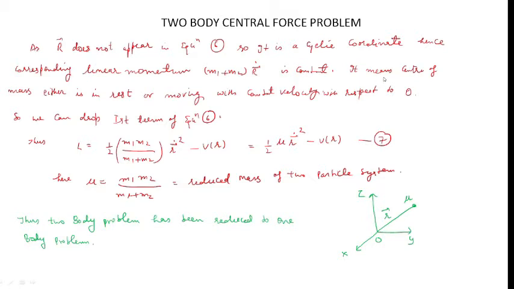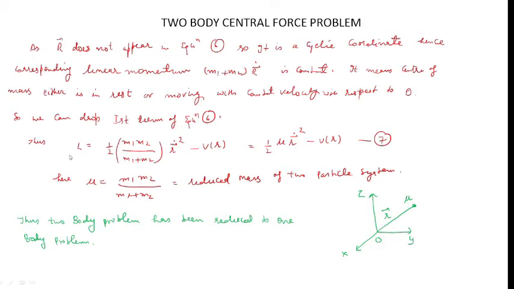So it means that the center of mass is either at rest or moving with constant velocity with respect to O, which is the origin of the inertial frame. So when this term m1 plus m2 R dot is constant, we can drop this term from equation number 6.